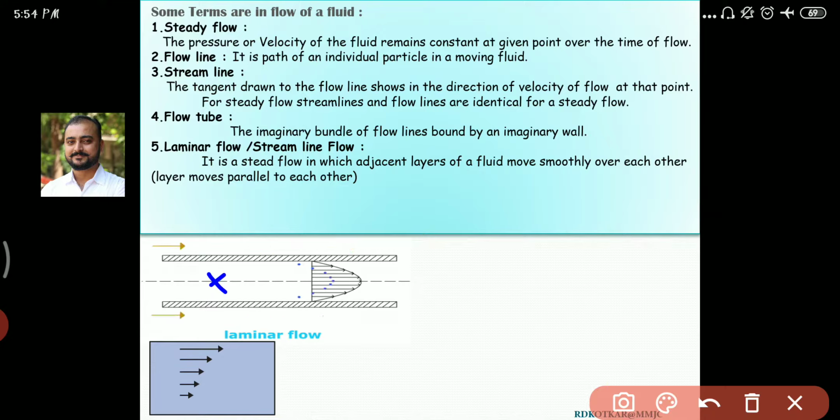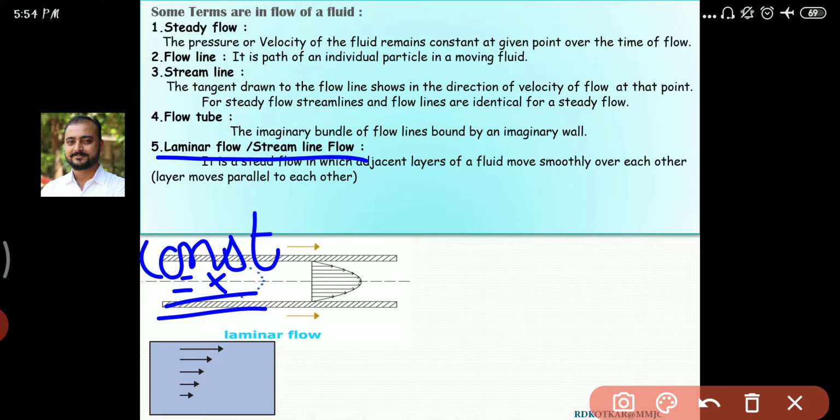Suppose I consider this layer, which is shown here with a dashed line. The velocity of the liquid molecule at a point is equal to a constant. This velocity is constant at a given point. Then you can say the flow is laminar or streamline flow.